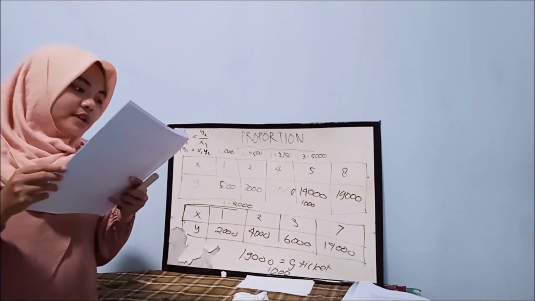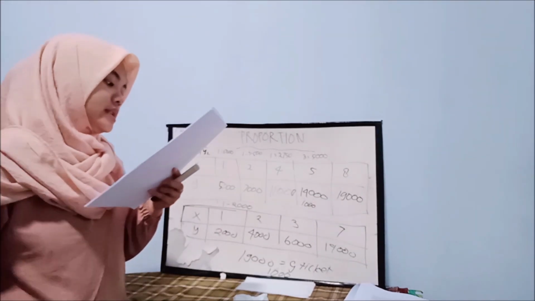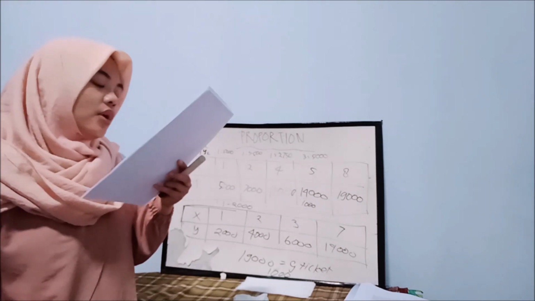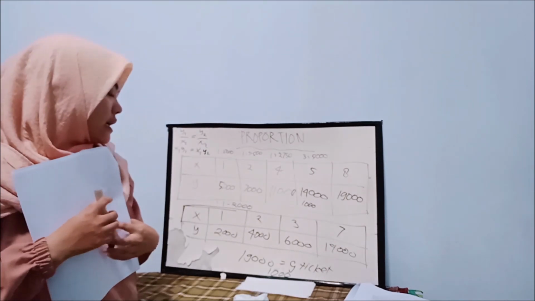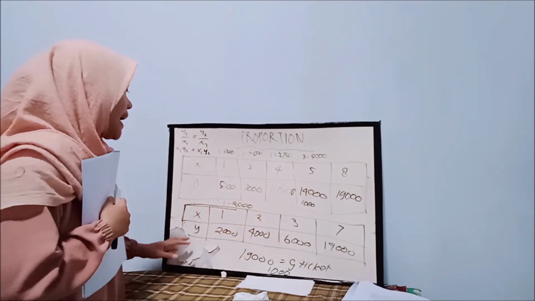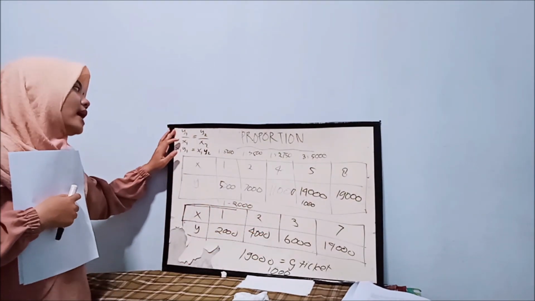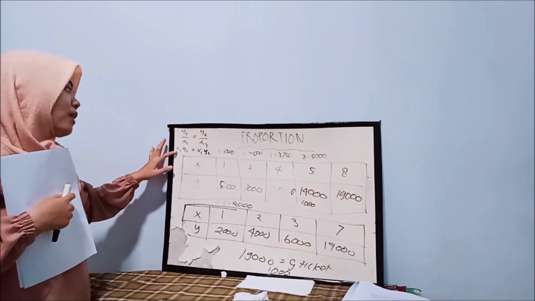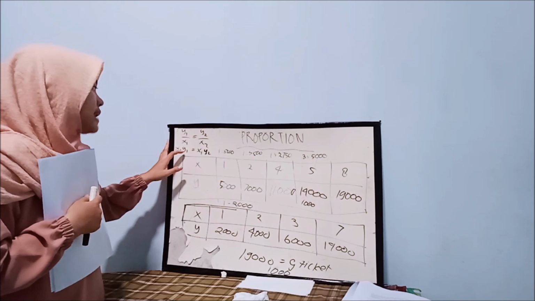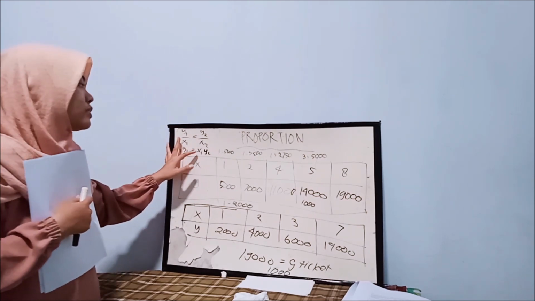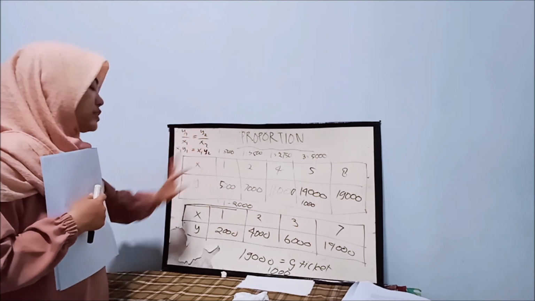So from the first question until the tenth question, we have a conclusion: the value of the ratio will be the same, and y1 over x1 is equal to y2 over x2, and x1 times y2 is equal to x2 times y1.